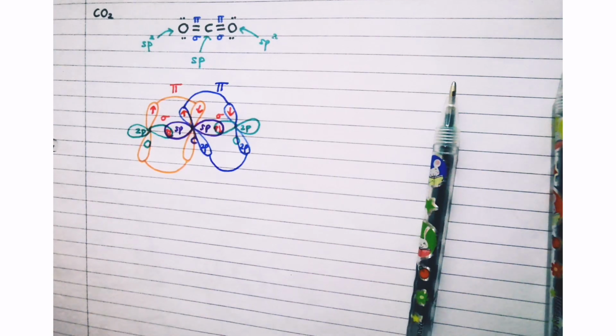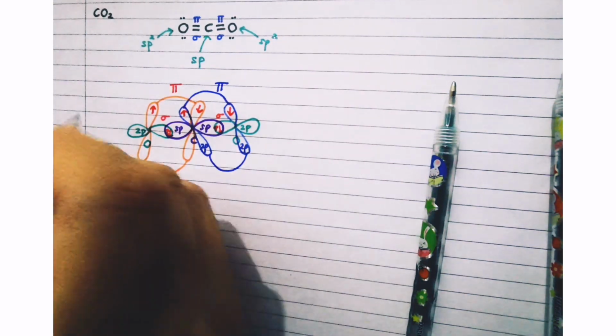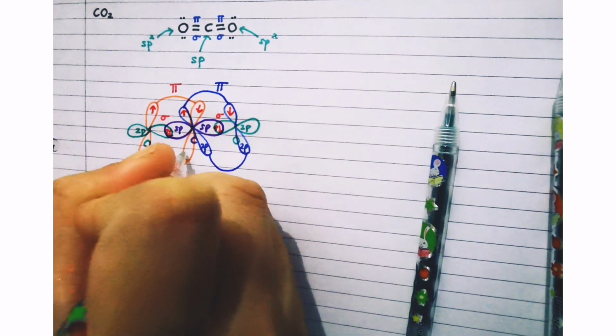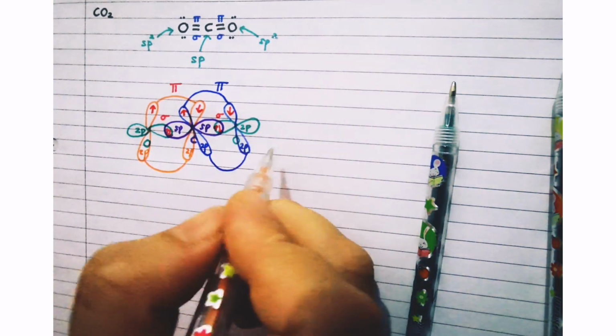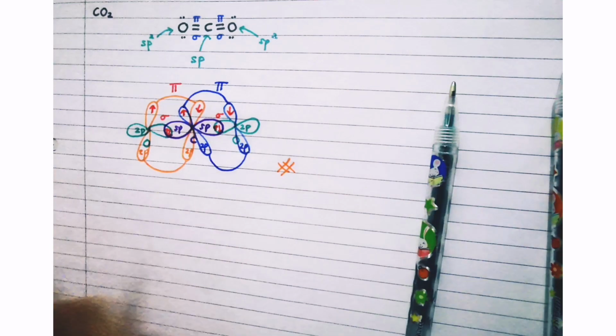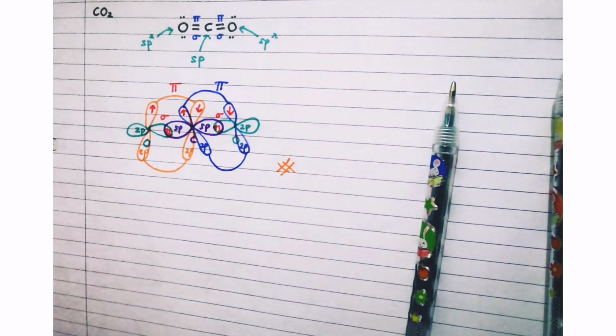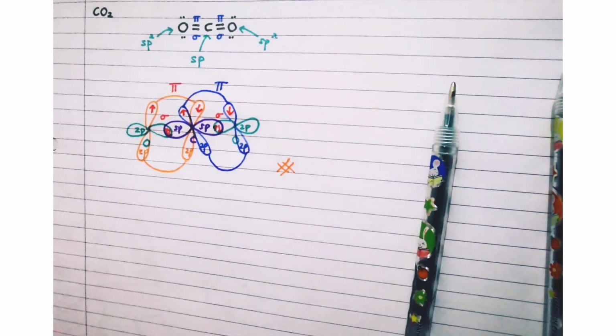Right. So this is our pi bond between C and O. So let's finish our orbital overlapping diagram for the CO2 molecule.